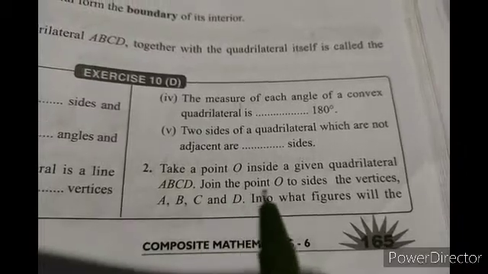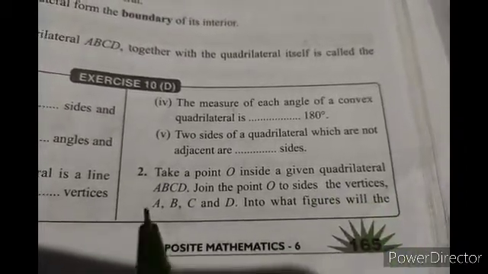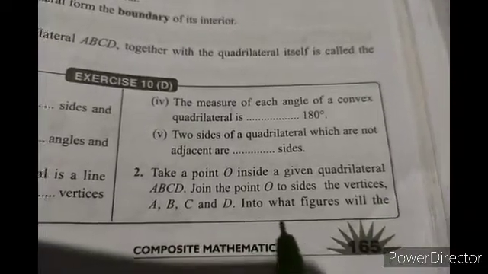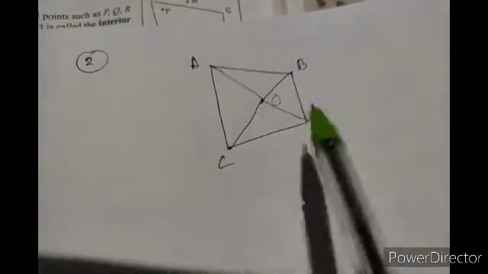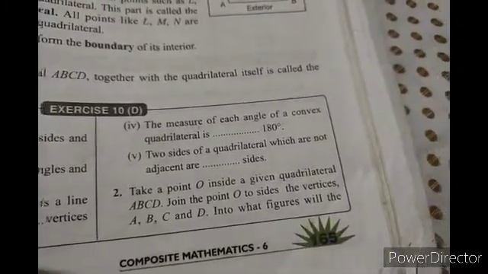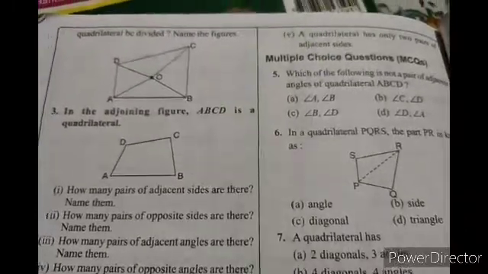Next, join the point O to the vertices A, B, C and D. So we have joined point O to all four vertices of the quadrilateral. Into what figures will the quadrilateral be divided? Name the figures.